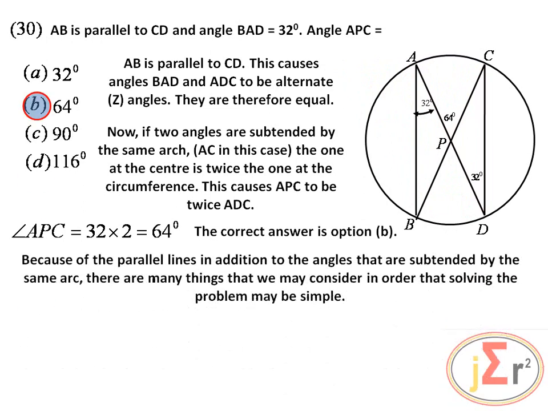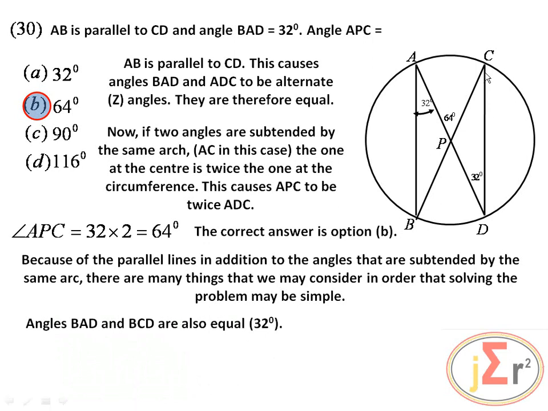Because of the parallel lines, in addition to the angles that are subtended by the same arc, there are many things that we may consider in order that solving the problem may be simple. Angles BAD and BCD are also equal.